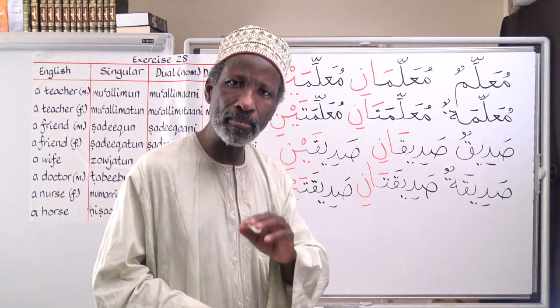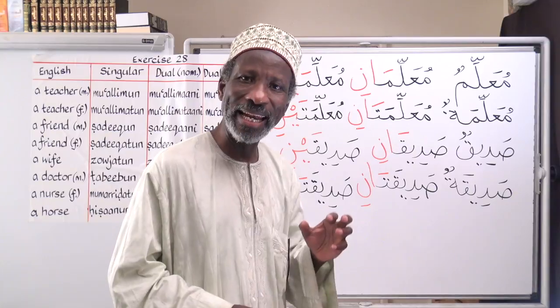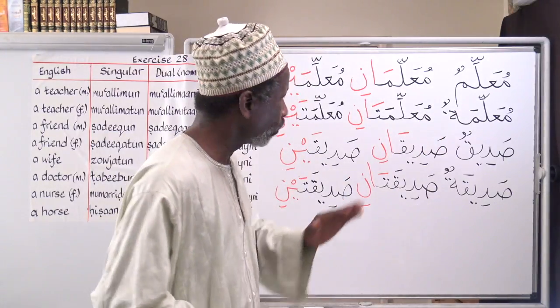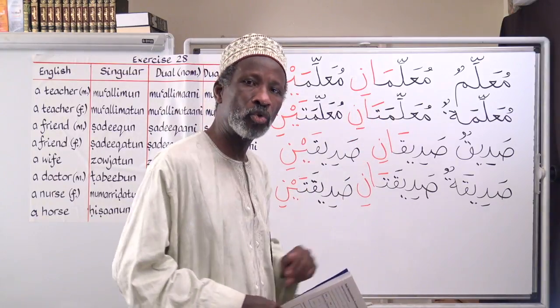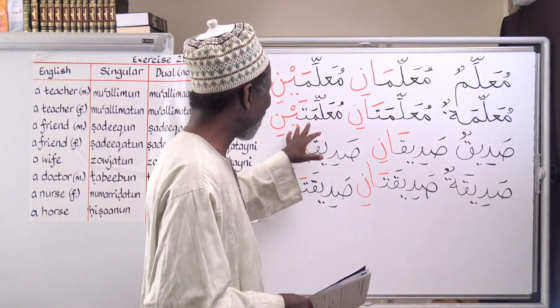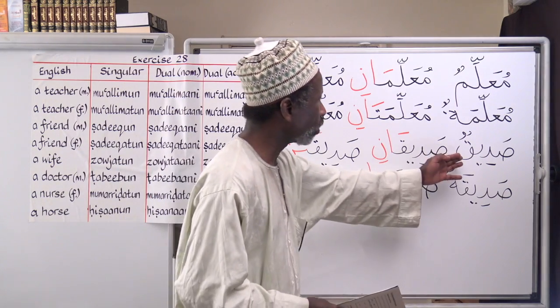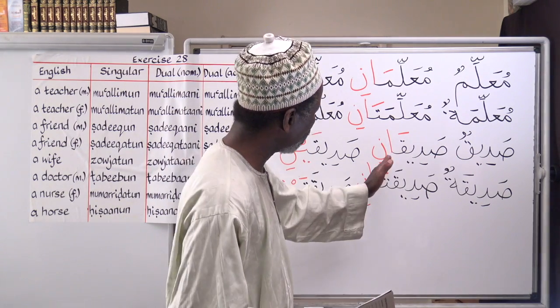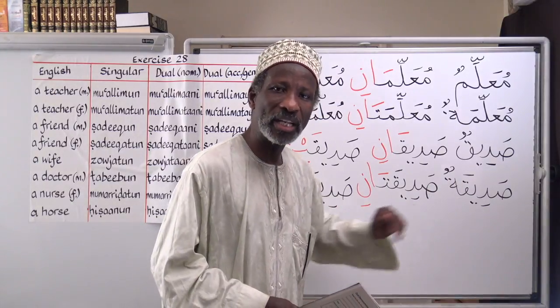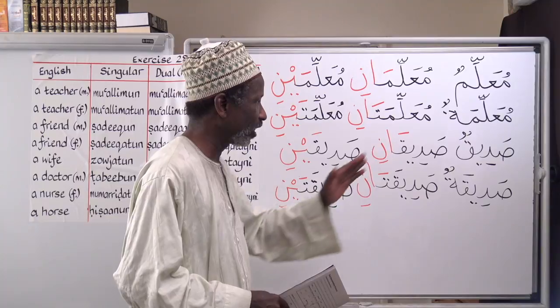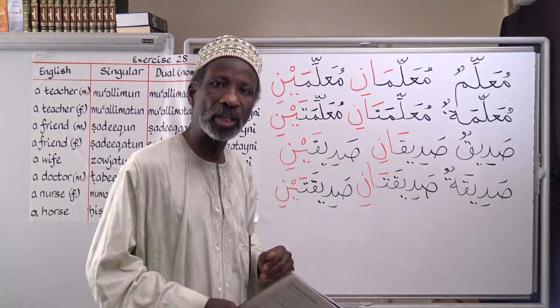You will learn more about those cases later on in the series. Muallimatun, a female teacher, muallimatani, muallimatayni, two female teachers. And then you have sadiqun, a male friend, sadiqani or sadiqayni, sadiqatun, a female friend, sadiqatani or sadiqatayni.